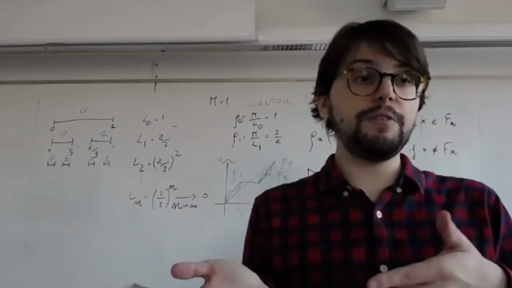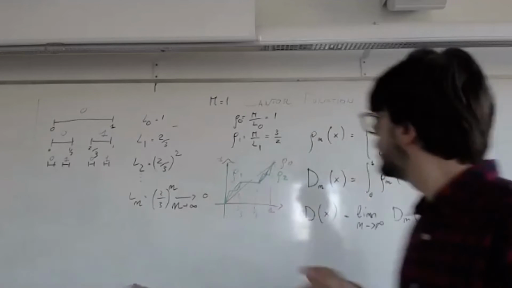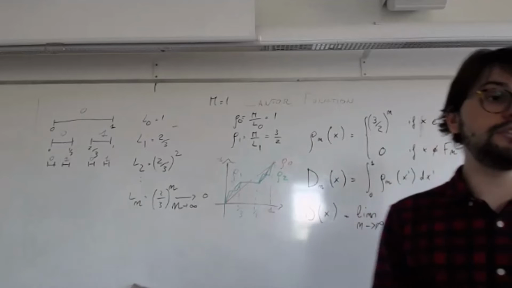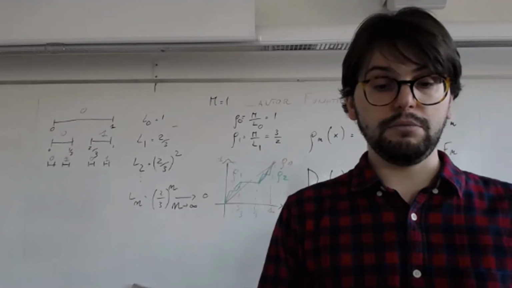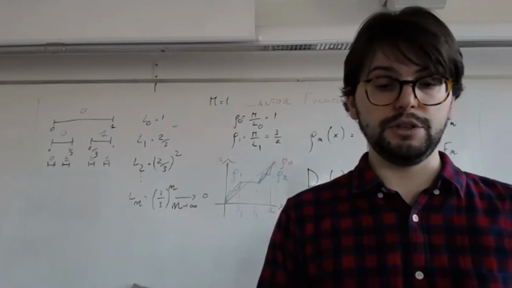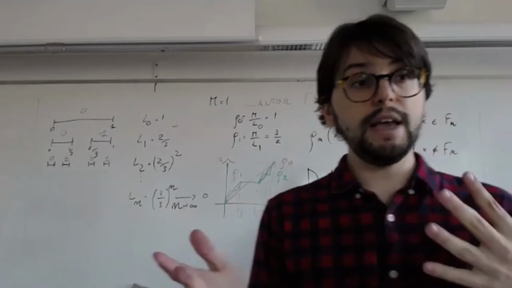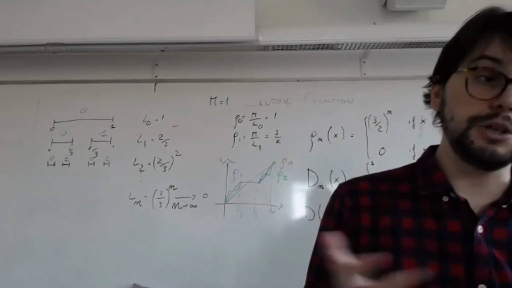Even if it's continuous in the sense of the distribution, and you can differentiate it, it has an infinite number of discontinuities. So it really plays on the definition of continuity.